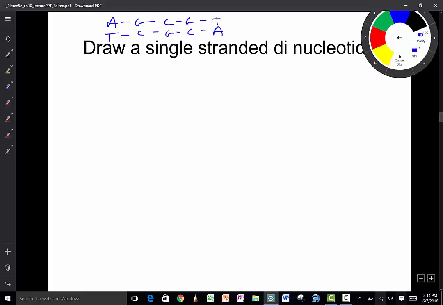And so we need to be able to draw nucleotides linked together. So the nucleotide is a monomer, and that monomer makes up the polymer, and the polymer is the DNA. So we have to link monomers together to make a polymer. So how do we link them together?